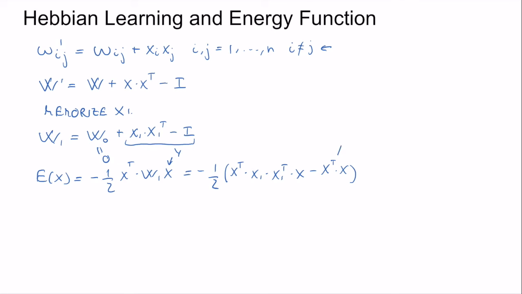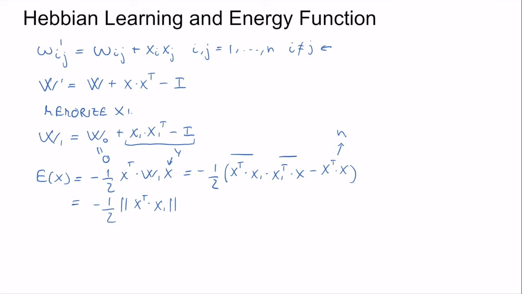And now we know that x transpose times x is equal to n, because this is a bipolar matrix, so the 2 norm is equal to the number of elements in that matrix. So then we can write the energy as minus 1/2 of the 2 norm of x transpose times x1.